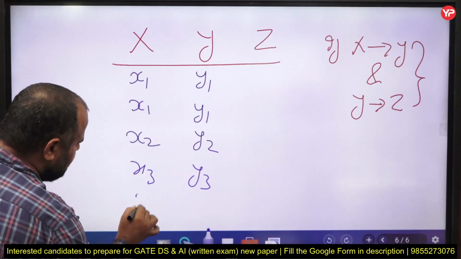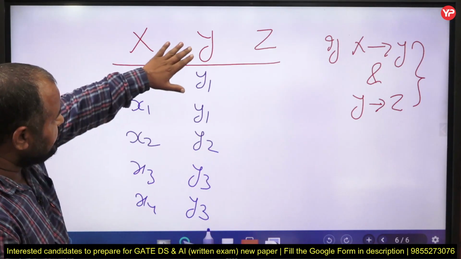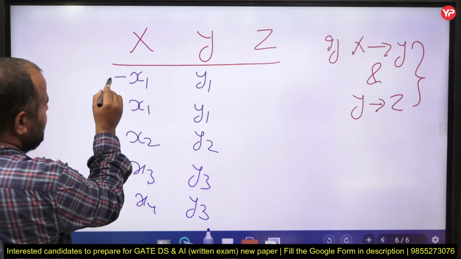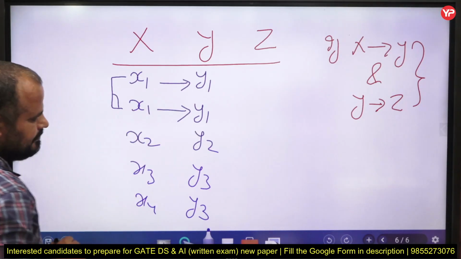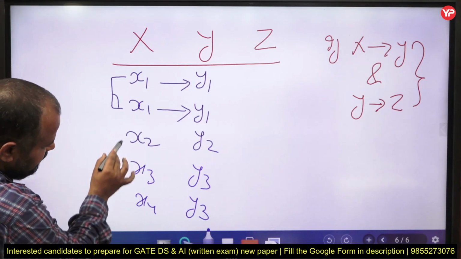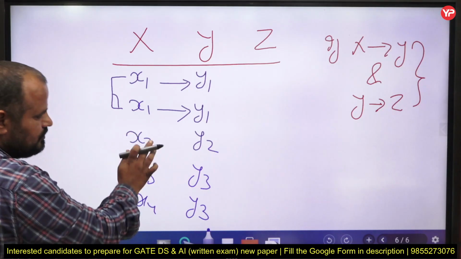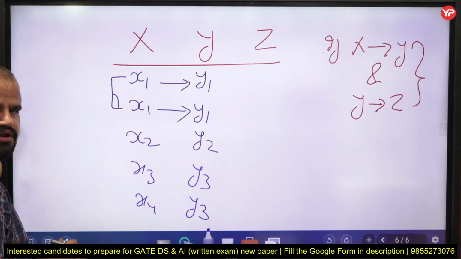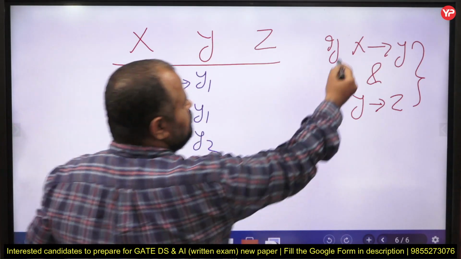You can write anything, x4, y3 also. Is x determining y? Whenever we have x value same, their corresponding y value is also same. Yes or no? Whenever x value is not same, we don't bother about their y values. Fine. It means x determines y holds here.